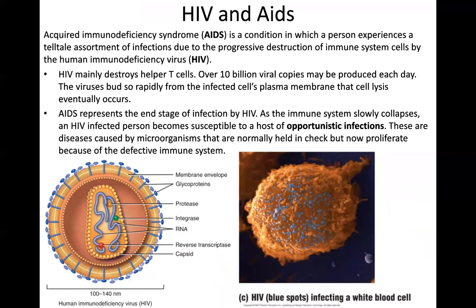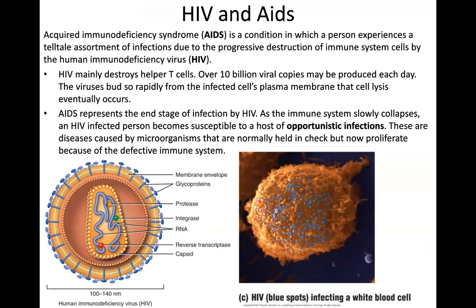All right, last thing I want to talk about is just briefly HIV and AIDS. AIDS is not a word, it's actually an abbreviation for acquired immunodeficiency syndrome, which is a condition in which the person experiences a telltale assortment of infections due to progressive destruction of the immune system cells by the human immunodeficiency virus.